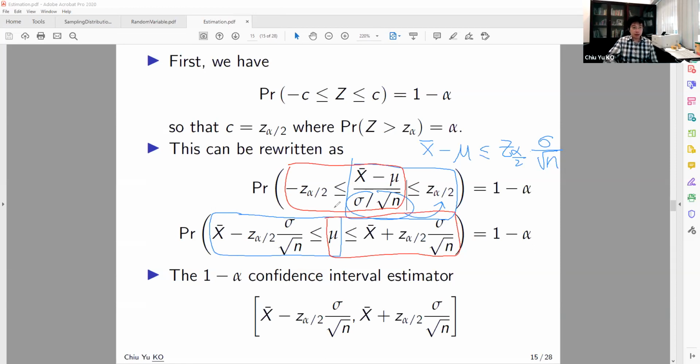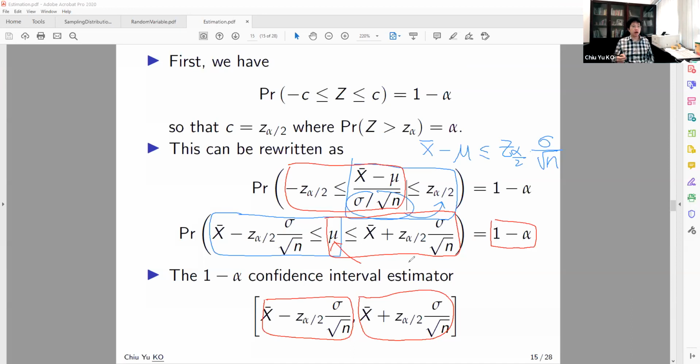So you can see that by constructing this method, this interval will include mu with probability 1 minus alpha. Do remember that mu is a population parameter. There's no probability that can be assigned there. It is something fixed that you don't know.